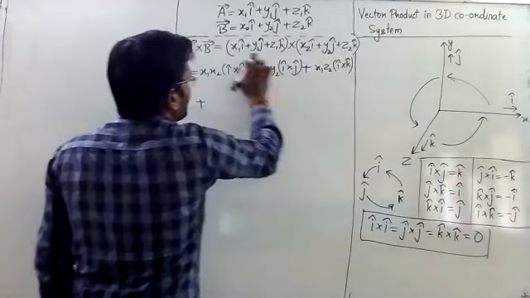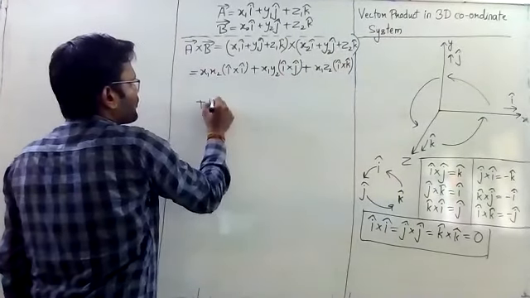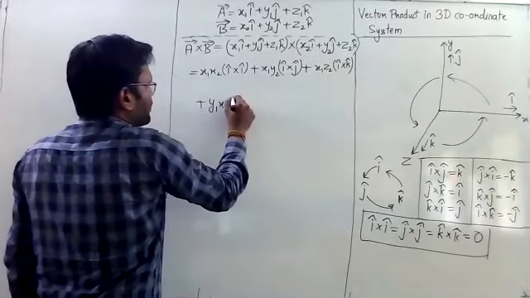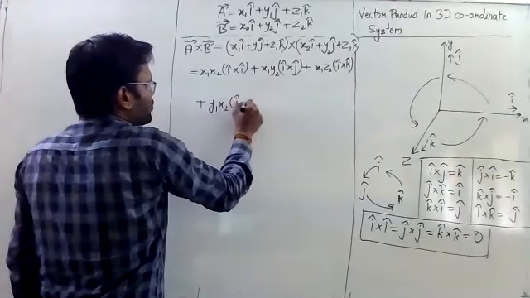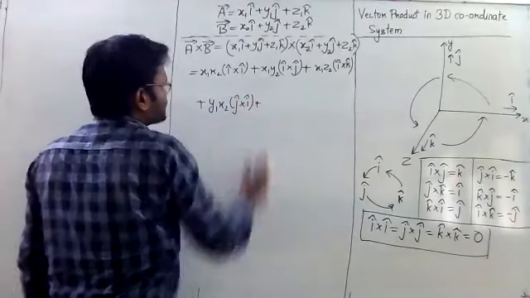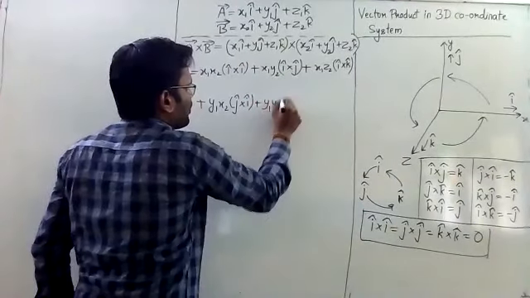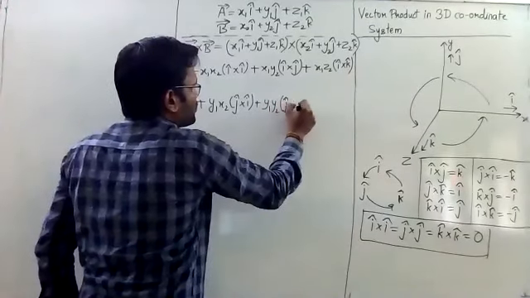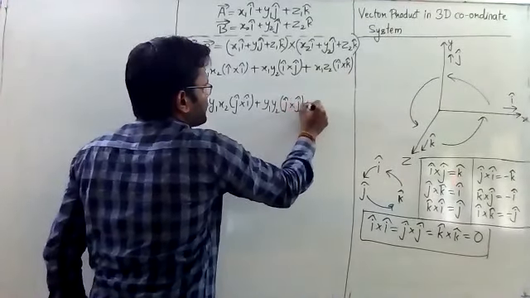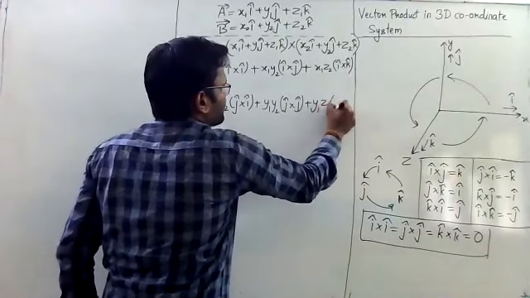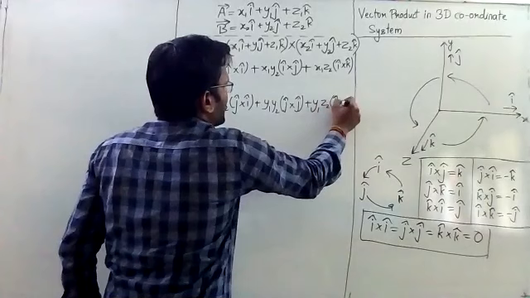x1 is done. Now let's start with y1. y1 x2 j cap cross i cap plus y1 y2 j cap cross j cap plus y1 z2 j cap cross k cap.